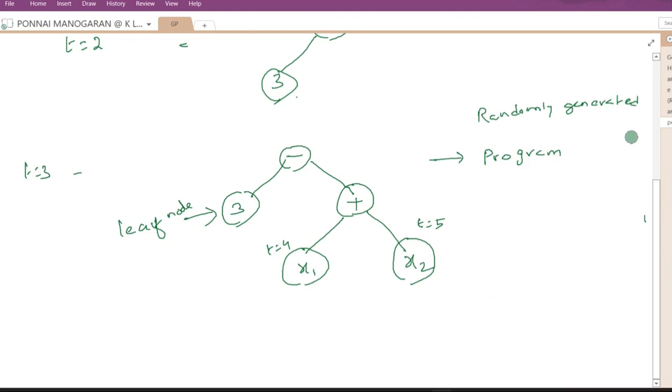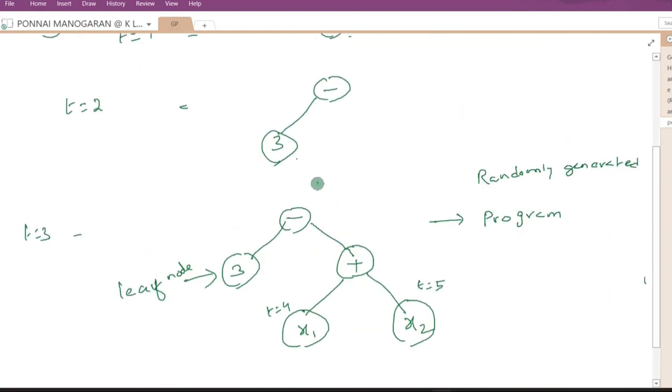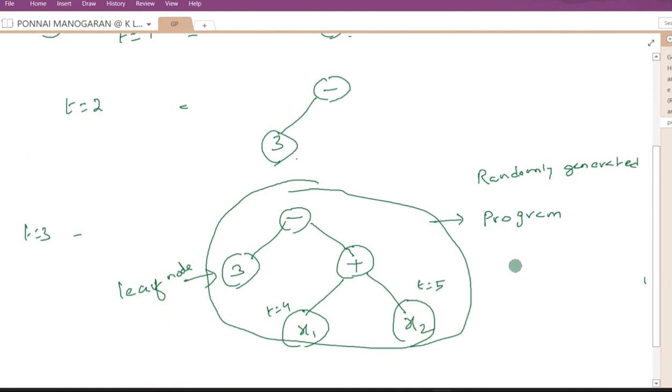For the population, similarly, if the population size is 6, it means you have to do this 6 times. Then only you will get 6 programs. This is one subtree. So the corresponding program is 3 minus x1 plus x2. So this is one program for this right subtree.